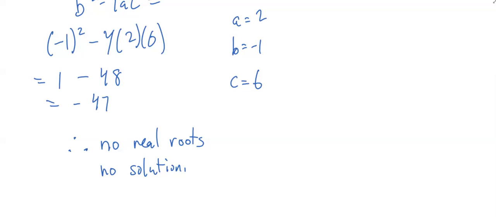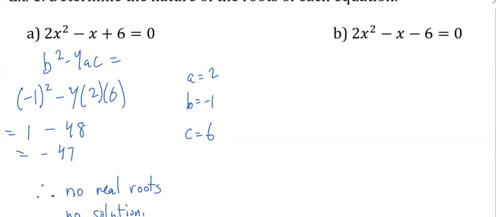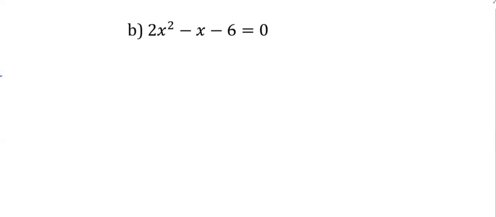Next question. What's different about the first two questions? That's the only difference between these two. One little sign. A is still 2. B is still -1. And C this time is -6.